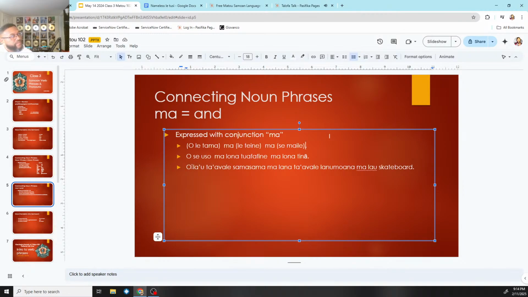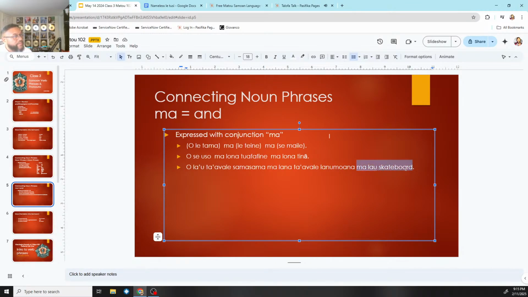And this last one says o lo'u ta'avale samasama, my yellow car, and his or her blue car, ta'avale lanu moana, and your skateboard, ma lau skateboard.